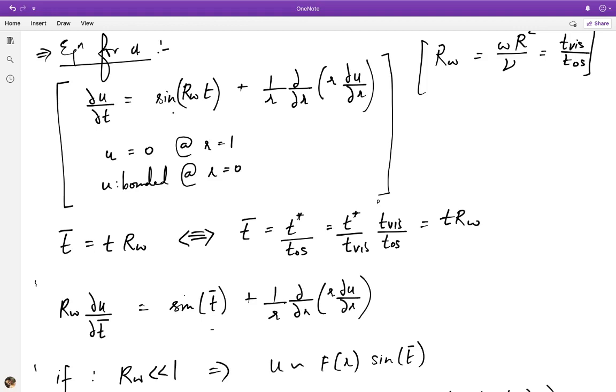Whereas if the frequency is sufficiently slow, the inertia of the fluid is unimportant and the viscous forces ensure that you exactly follow the driving pressure gradient and so you stay in phase. So for a general R omega which is not incredibly small or incredibly large, I expect some kind of behavior in between the two. That is, I'll have a response that is a combination of in phase and out of phase behavior.